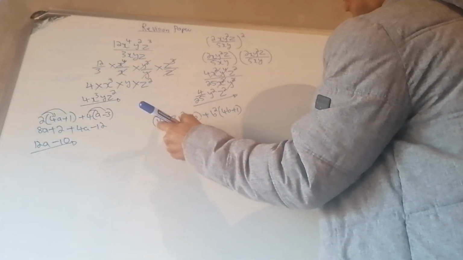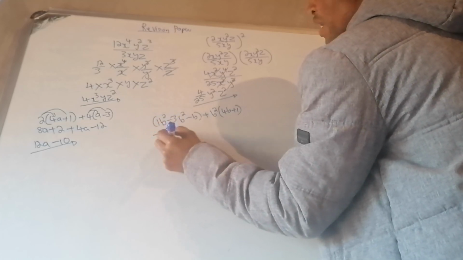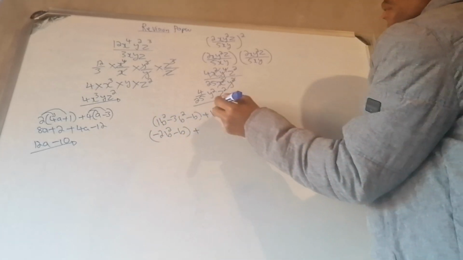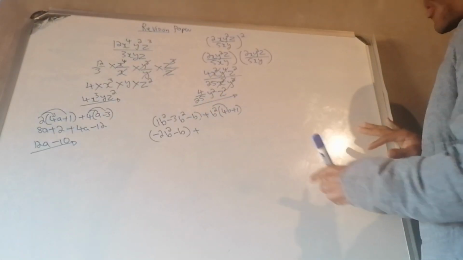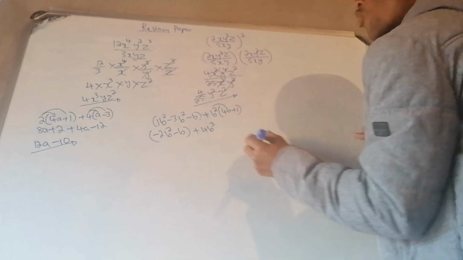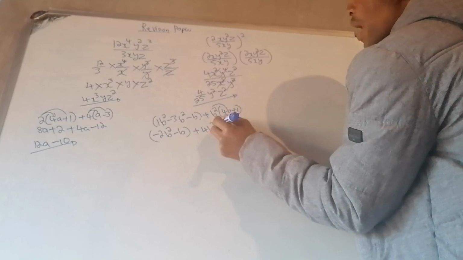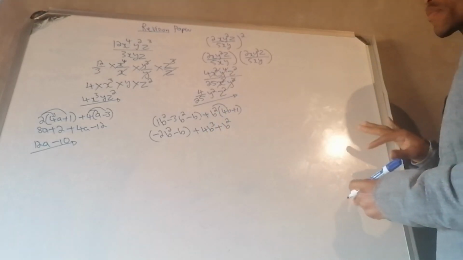So 1 minus 3 is minus 2b squared, minus b plus. We remove the bracket. B squared times 4b is 4b cubed, plus b squared times 1 is b squared.